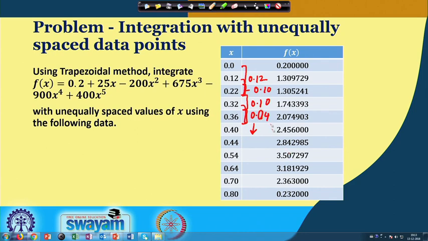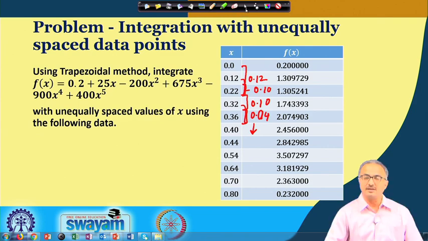So, as I was telling you, this might be experimental results, and you might be fitting some kind of curve through these results to obtain this kind of an equation, and then you can go for the implementation of those rules. But even if you don't have this equation with you, you can still go ahead with the numerical integration based on these results. Okay? So, let us see how.